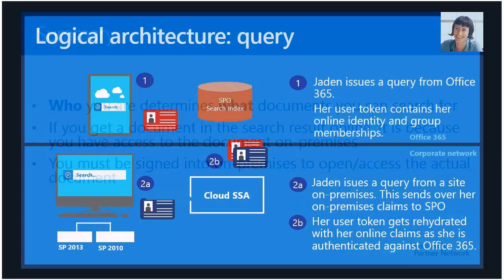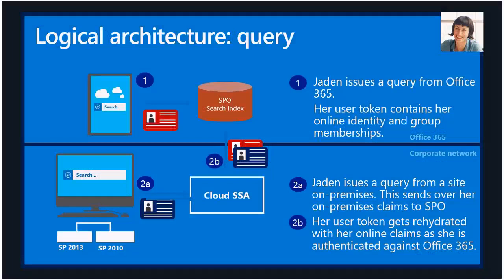Here is the logical architecture of the query. In the previous demo, I showed you how the cloud search service application, the cloud search service, works. Here are some more details. For example, this user is on the Office 365 Search Center.